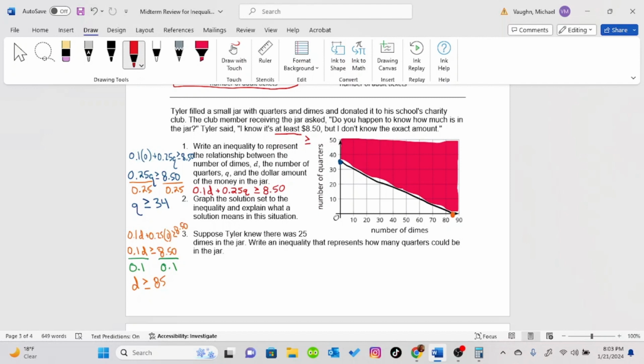And number 3, suppose Tyler knew there was 25 dimes in the jar. Write an inequality that represents how many quarters could be in the jar.